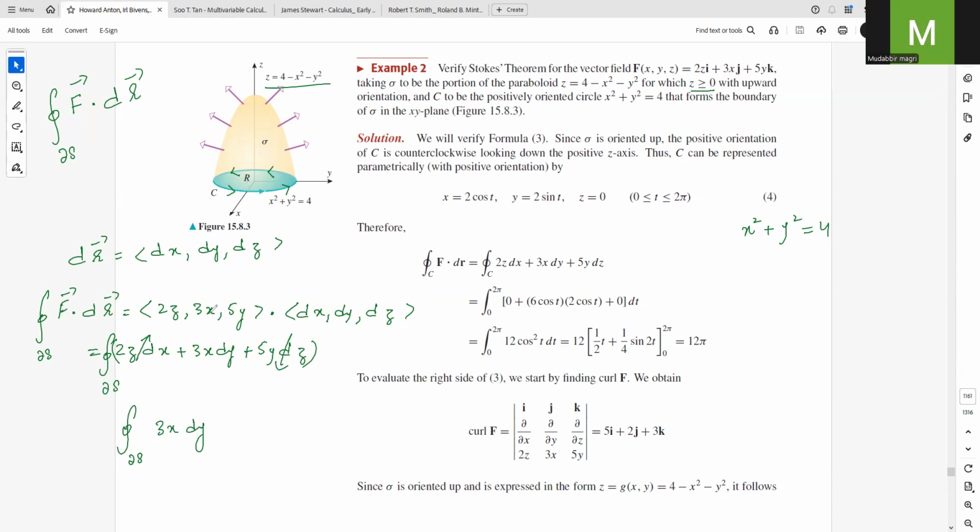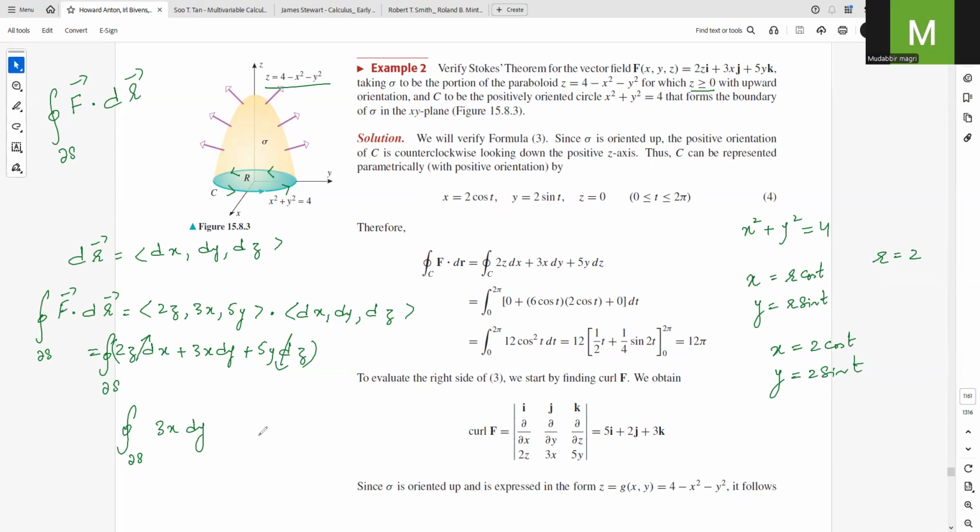Since this is a curve, we can solve it simply by parameterizing it. Let's say x equals r cosine t and y equals r sine t, and r is 2. So x is 2 cosine t and y is 2 sine t.